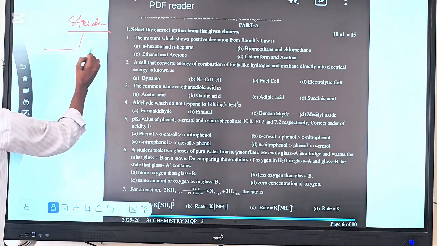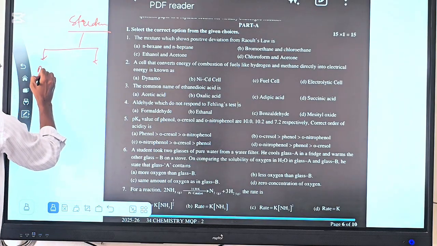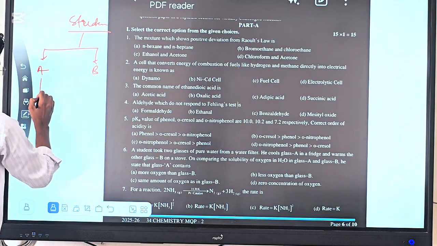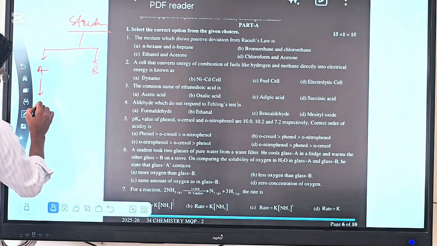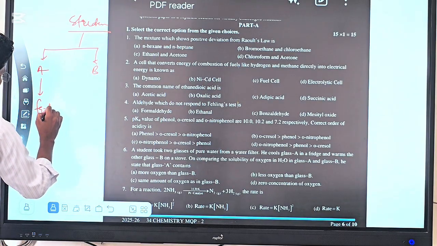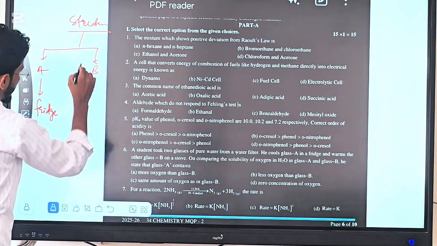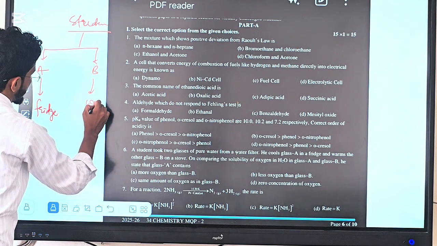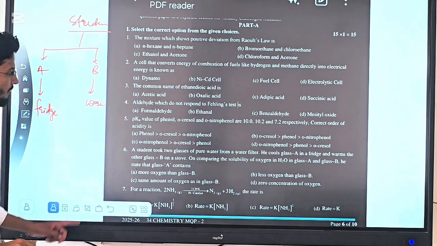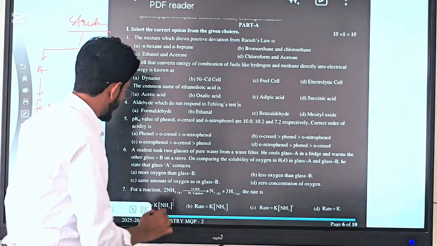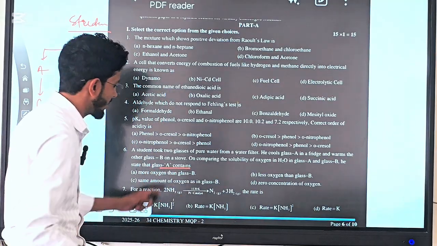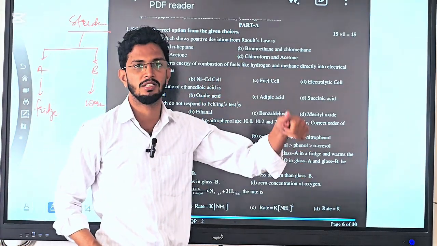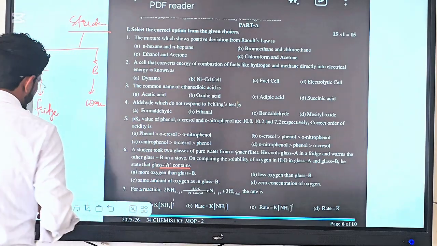He takes 2 glasses, glass A and glass B. He puts glass A in fridge and warms glass B on a stove.